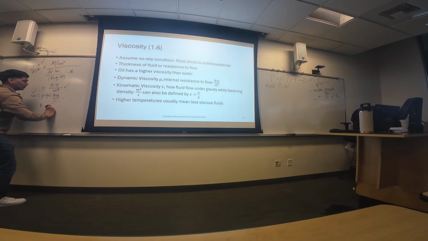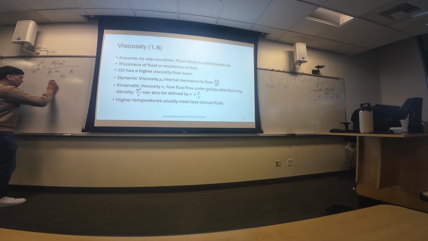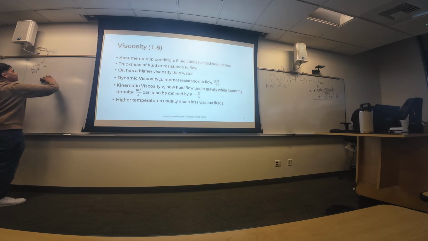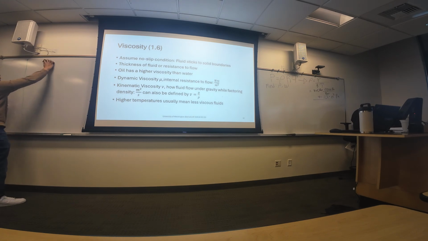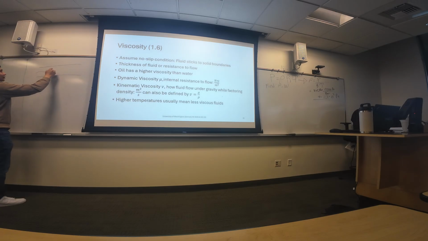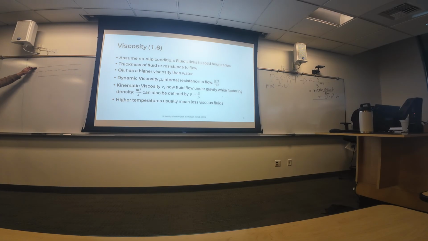Okay, if you have like a tube here, right, and you just have water flowing in this direction, no slip just means that the fluid does not slip inside the tube. The fluid sticks to the tube, or else the viscosity won't work, right?